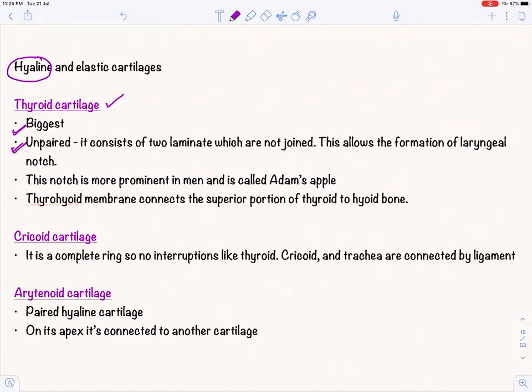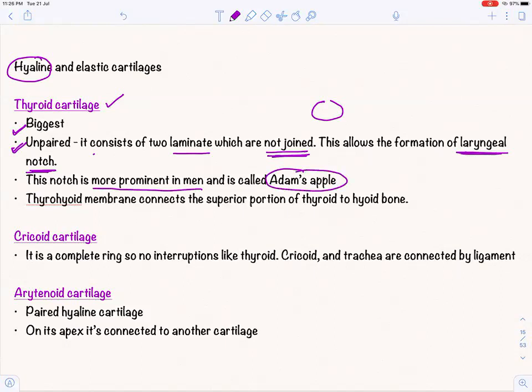It is unpaired. It consists of 2 laminae which are not joined. As I told you, if you take a piece of paper and fold it like this, it allows the formation of a laryngeal notch. This notch is more prominent in men, and it is known as Adam's apple.